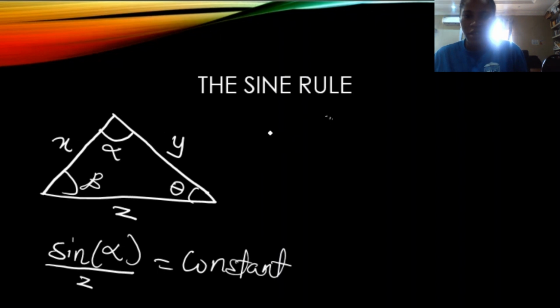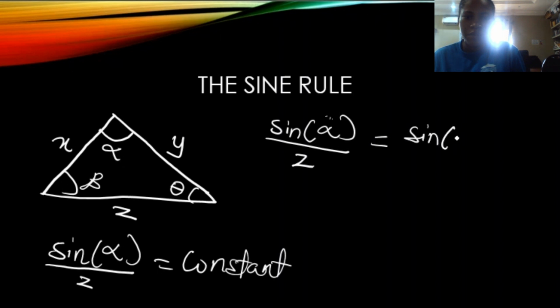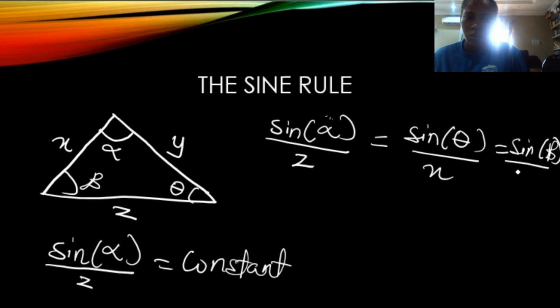Let me just write it here. Sine alpha over the side opposite to it, z, is equal to sine theta over x, and is also equal to sine beta all over y.